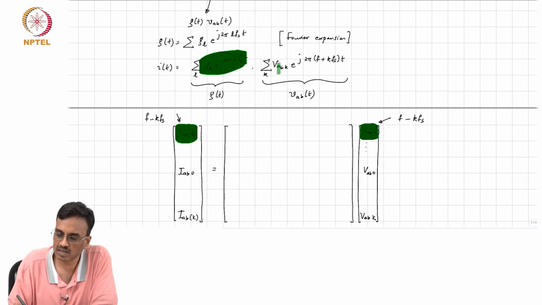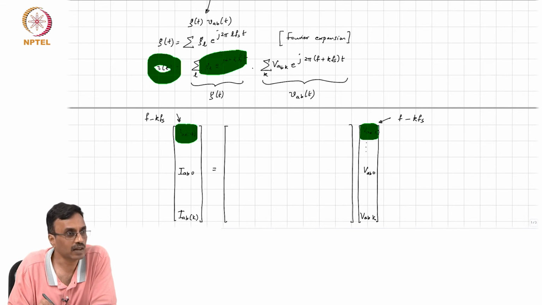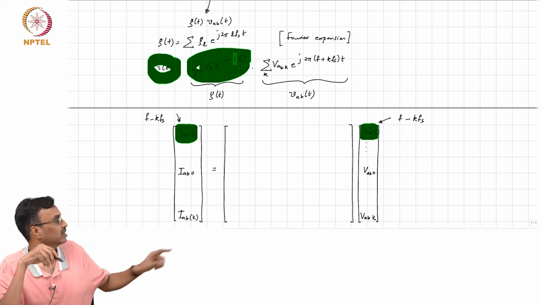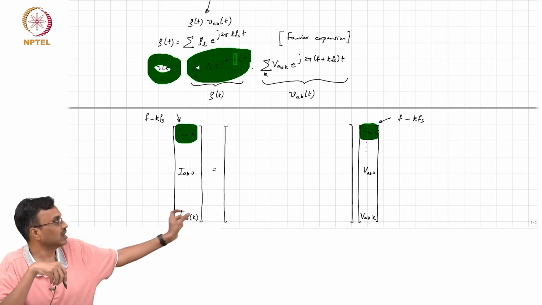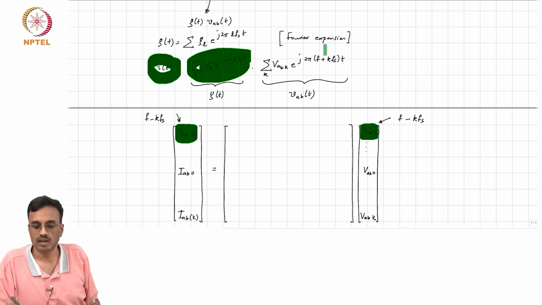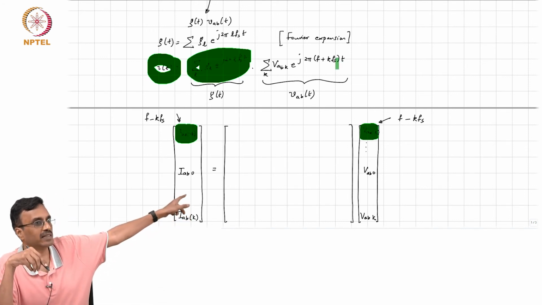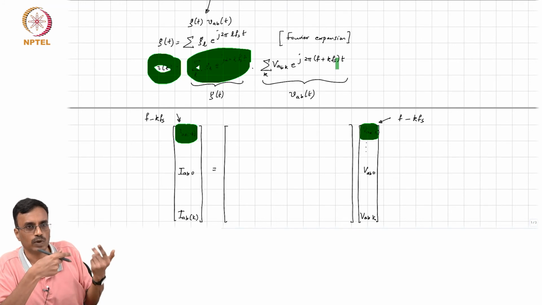This term is VAB of plus K, e to the j, F minus KFs. If this has to be the same frequency, remember that when you multiply two of these terms, what you get on the left hand side is simply the sum of those frequencies.